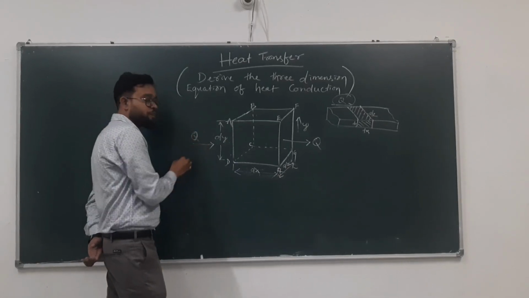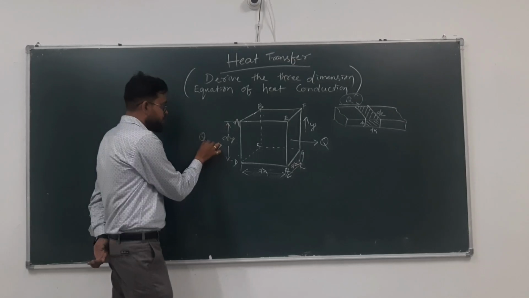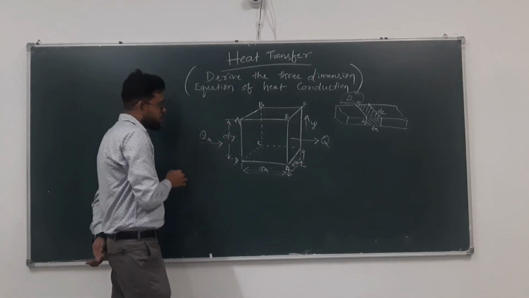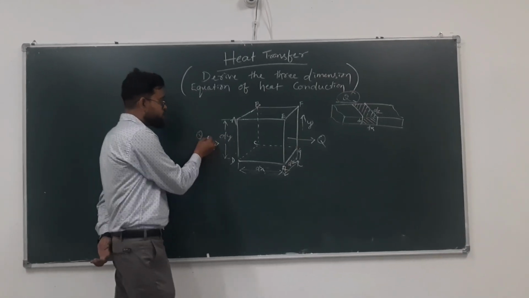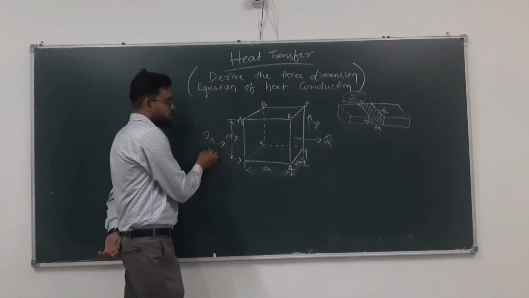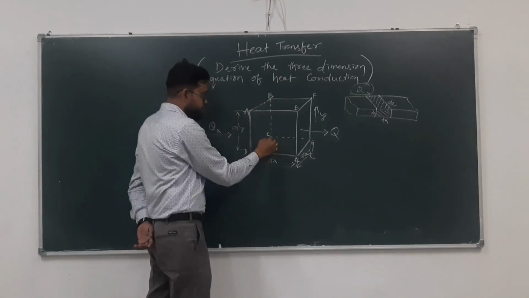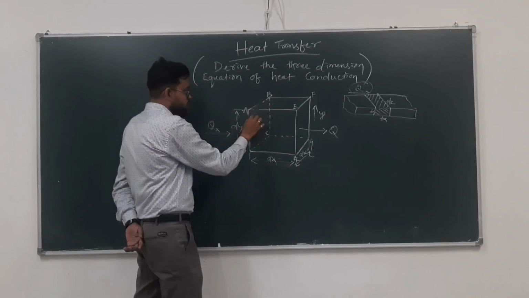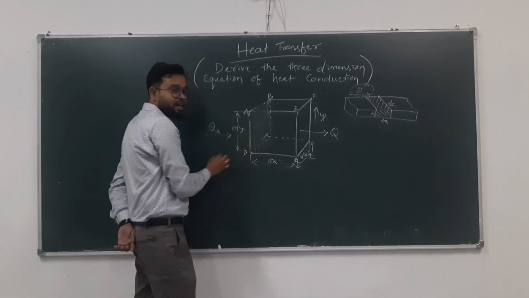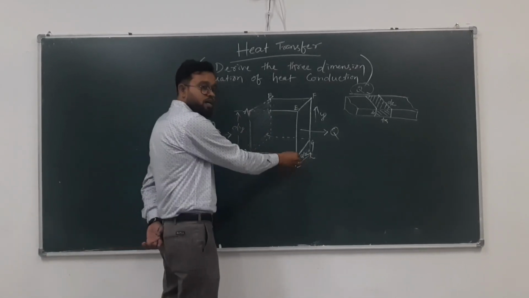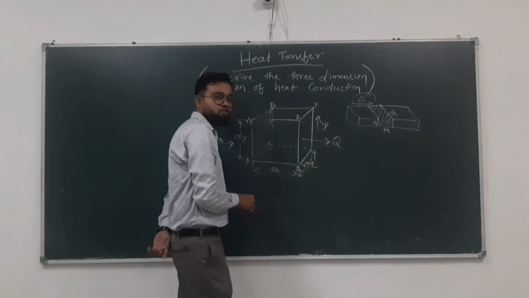The heat supply to the bar in x axis is Qx. The amount of heat transferred to the bar is Qx. So it entered the x plane ABCD. Then it travels dx dimension, then it comes outwards.